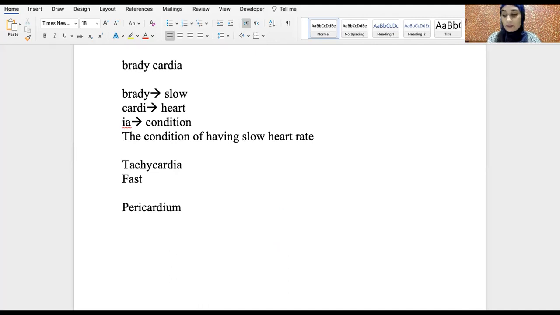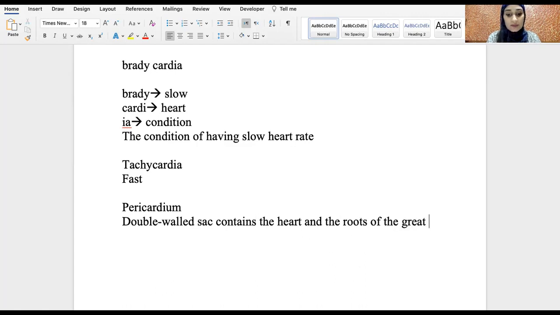Pericardium means a double-walled sac that contains the heart and the roots of the great vessels.